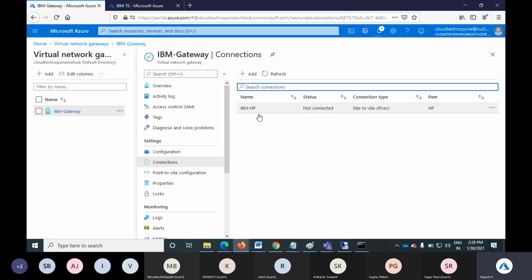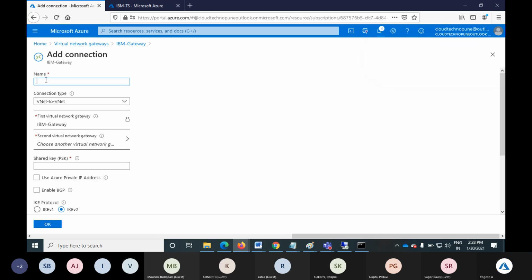So that IBM to HP is not required, right? That connection is not required. That's why I'm going to delete that connection. And I'm going to create one more connection, which is IBM to on-prem.